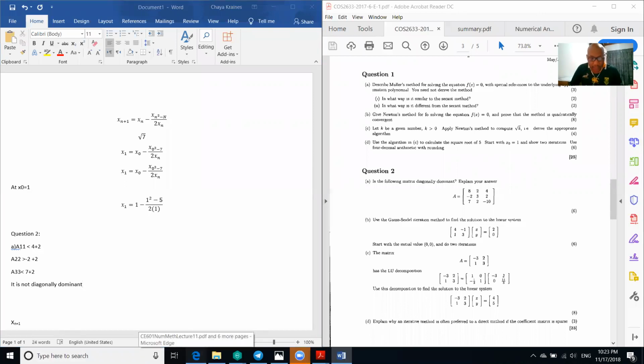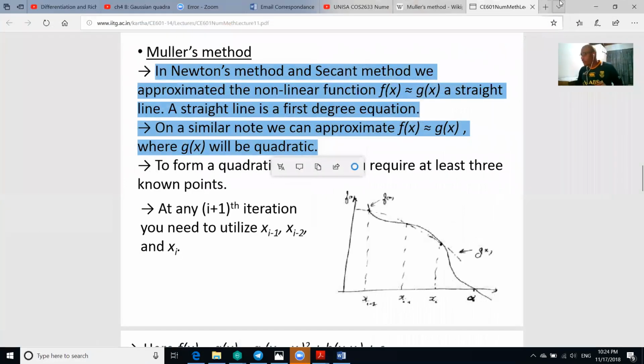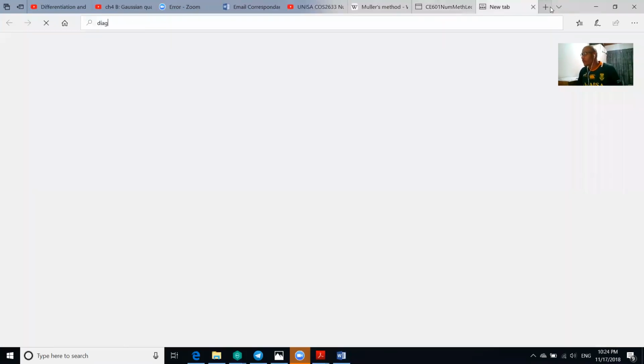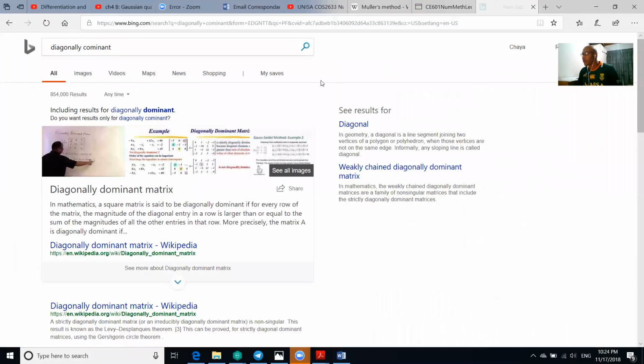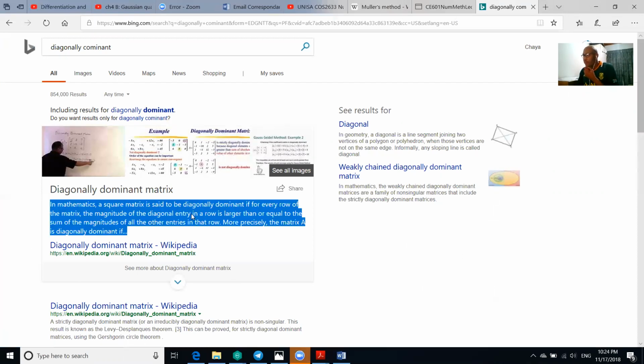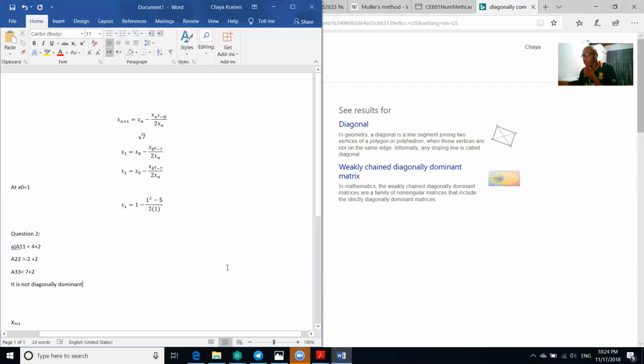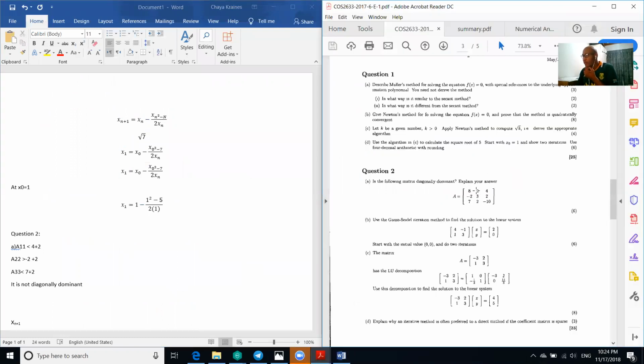But that's only the first row. What about the other 2 rows? I'm not really sure how they did this. Okay. No, it's not diagonally dominant. You can see over here only in the first row is this 8, 3, and minus 10 bigger than everything else in its row.